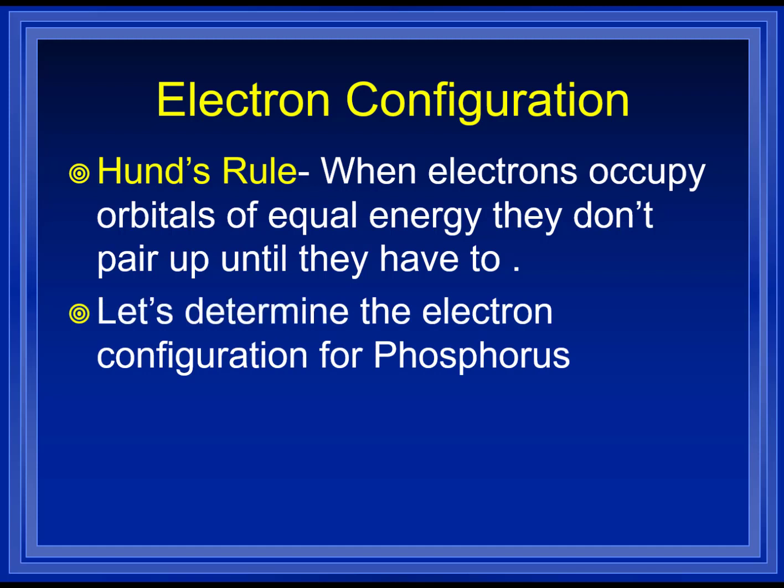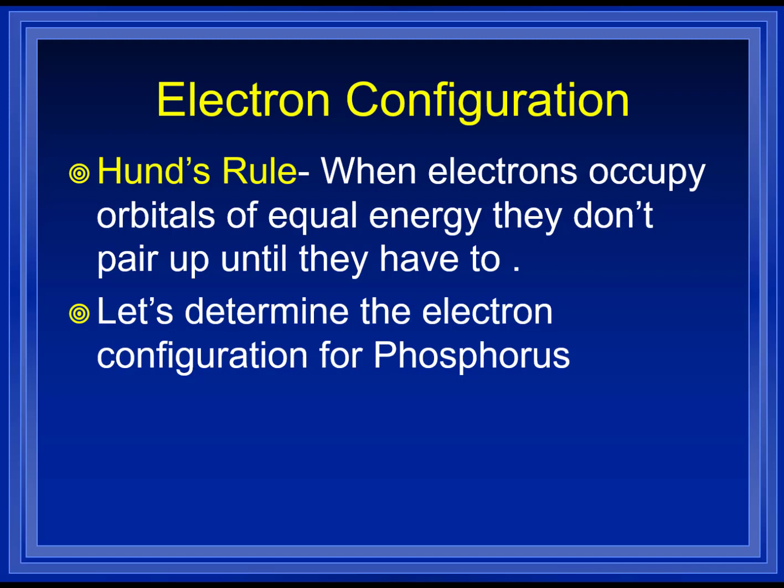Now let's use that diagram and figure out the electron configuration of phosphorus. Where can you find all the electrons in a phosphorus atom? How are the electrons arranged in a phosphorus atom? The first thing we need to know is how many electrons we have to describe.